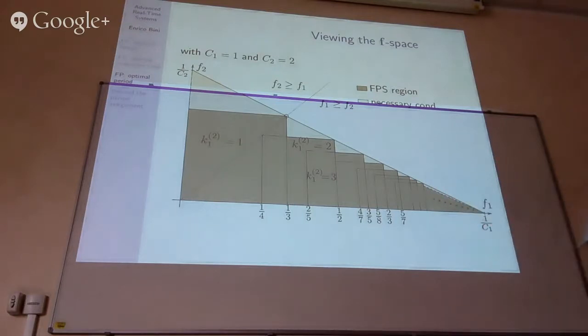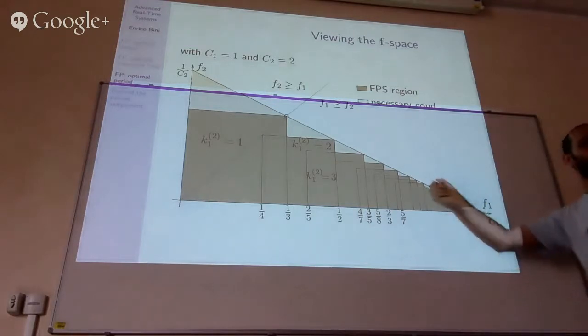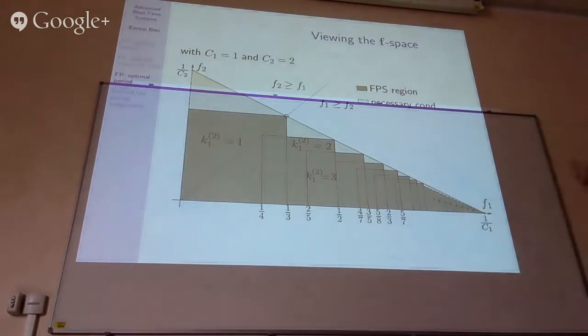When you are making a practical usage of it, of course you have to stop somewhere. But the exact region, if you view it in a frequency space, is composed of an infinite number of vertices, becoming denser and denser here. And it's like that, so you have to live with it.